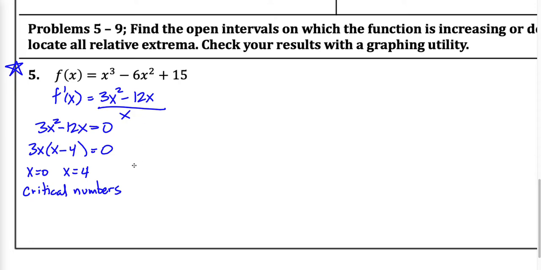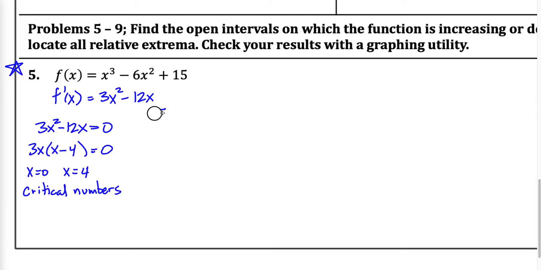In that case, x couldn't be 0 because it would be an undefined value. X equals 0, I know that's stupid because 0 is over here, but 0 is a critical number still. But if you were to put that number back in, you wouldn't get an answer and it wouldn't be a critical point. So there's differences between the two, and it absolutely can be kind of confusing.